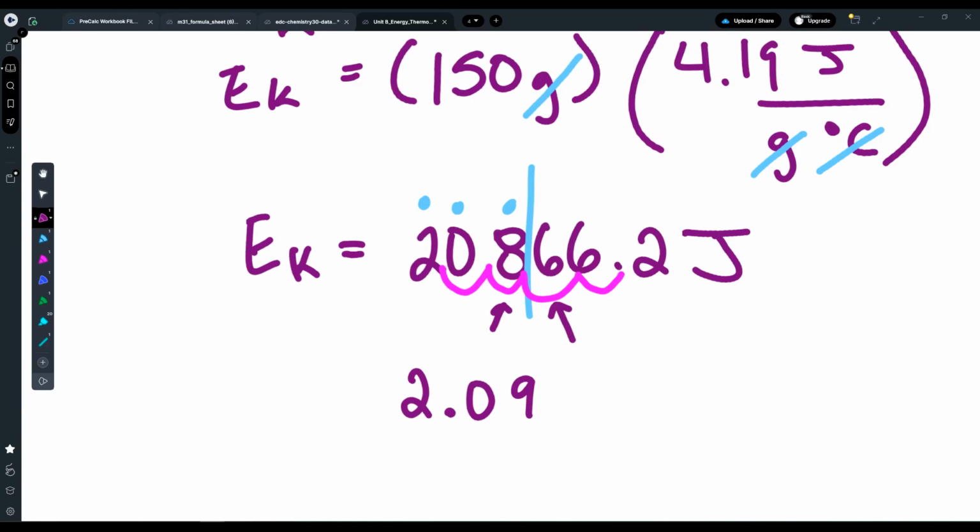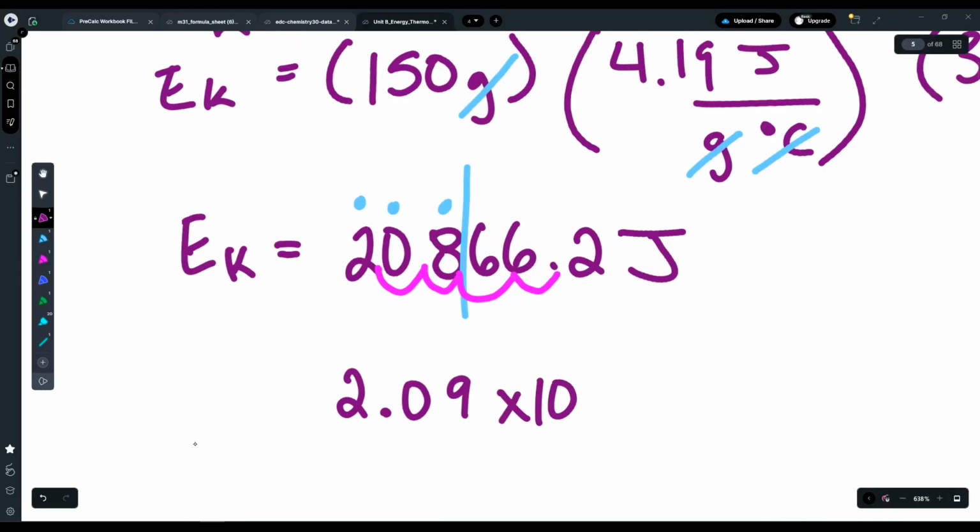Okay, so that's why I'm going 2.09. And we said times 10 to the power of, so this 4 represents how many spots we moved the decimal. And I'm going to make sure it's a positive 4 because our original number was a lot bigger than 1.